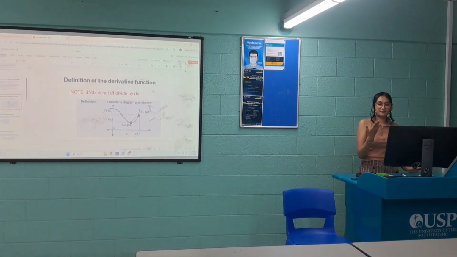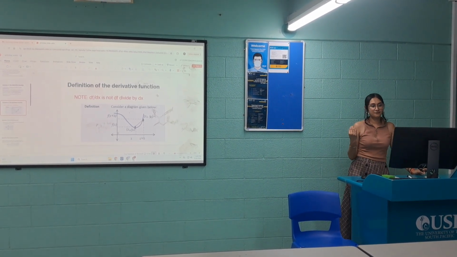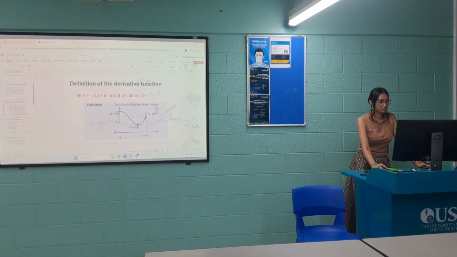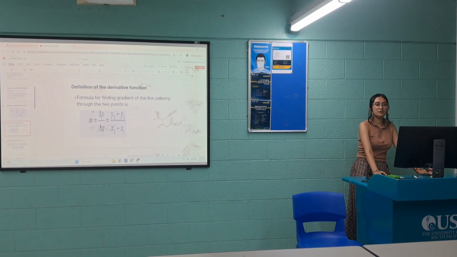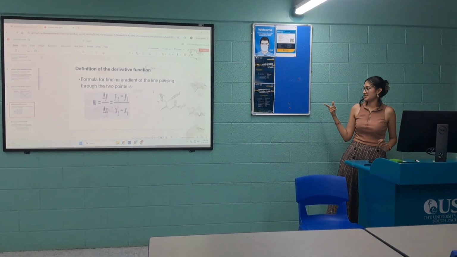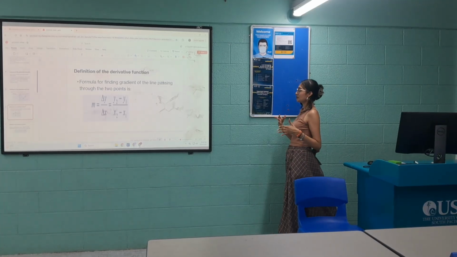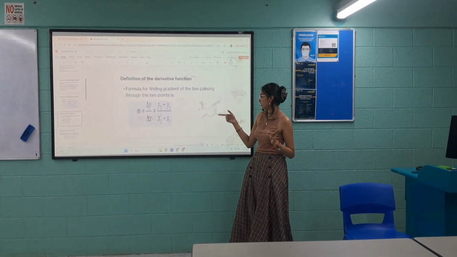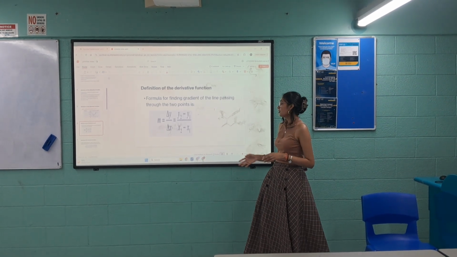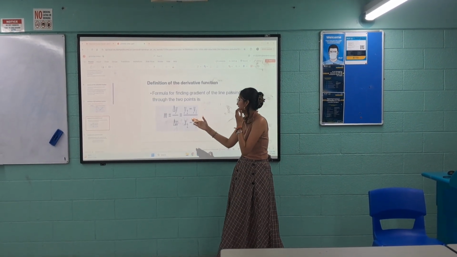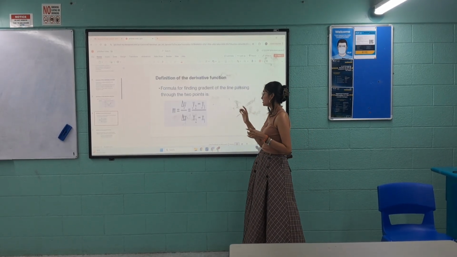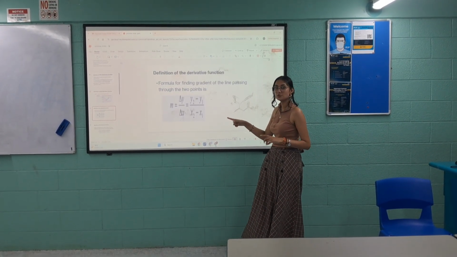So this is our definition graph for the derivative function. Formula for finding the gradient of the line passing through the 2 points. As we all know how to find gradient, the formula of the gradient is change of y divided by change of x. Obviously, change of y simply means y2 minus y1, and change of x can be found using x2 minus x1.